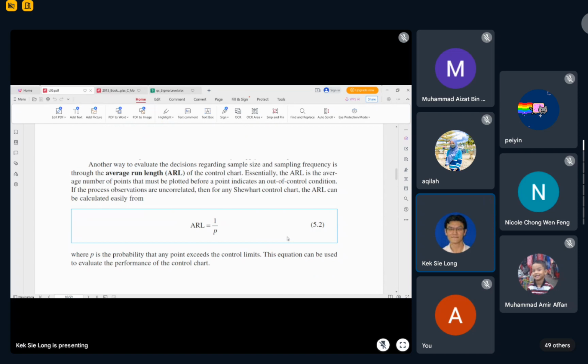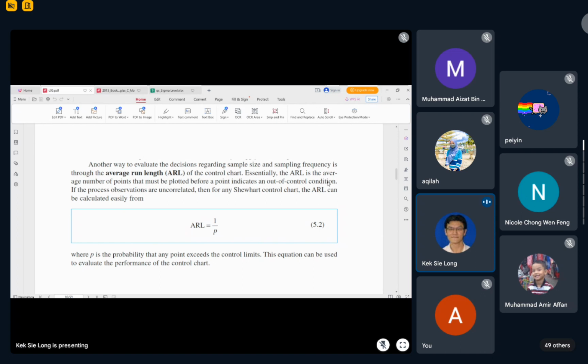When we talk about the performance of a control chart, we refer to this average run length. But what does it actually tell us? The ARL is the average number of points that must be plotted before a point indicates an out-of-control condition.